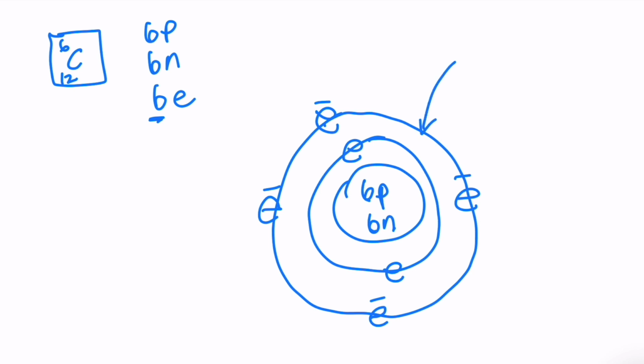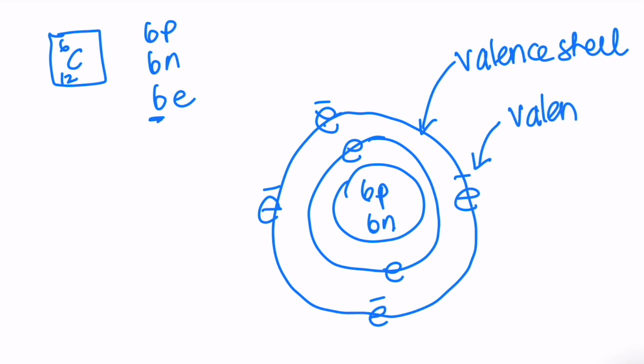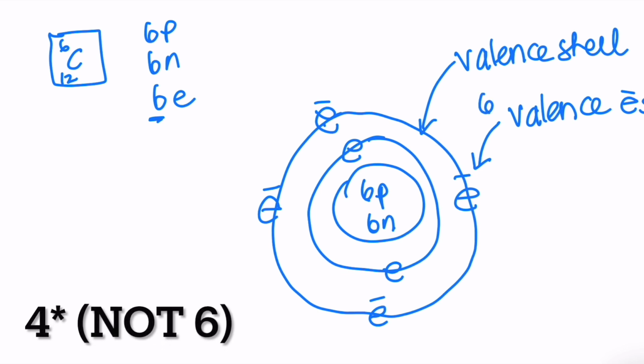The last shell that an atom has is called the valence shell, and the electrons in that shell are called the valence electrons. In this case, carbon has 4 valence electrons.